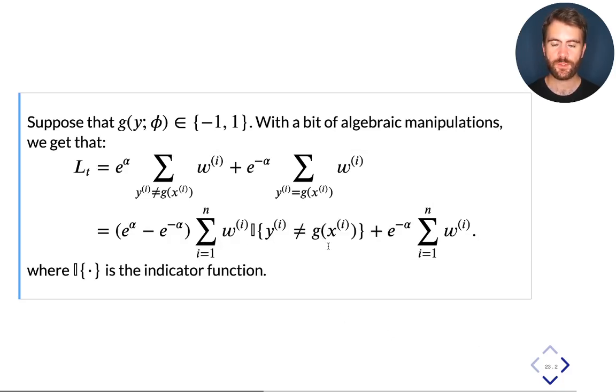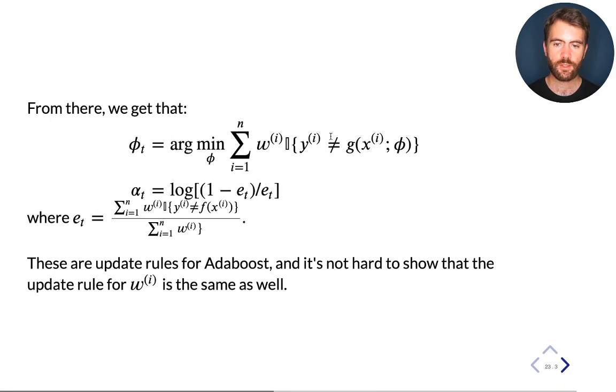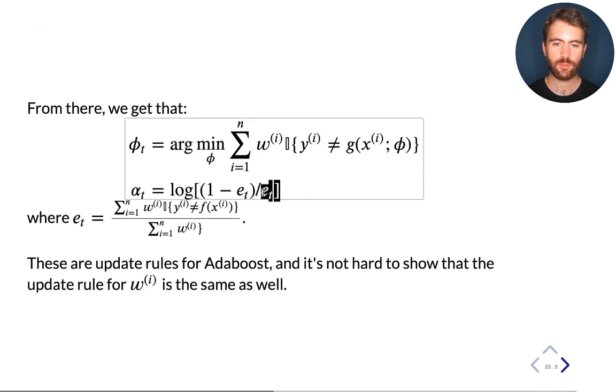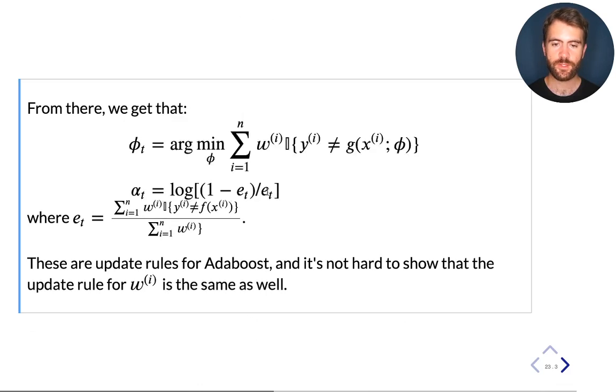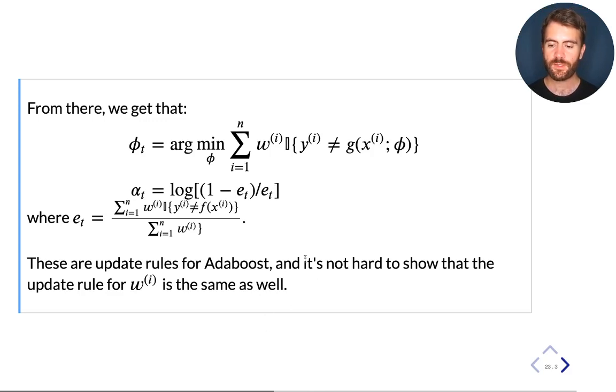So the minimizer of this loss is simply the minimizer of this term here. Then it is possible to take this equation and solve for alpha to obtain the following update rule, which is the same thing that I had in AdaBoost. With a few additional algebraic manipulations, we can also show that the weight update remains the same. So this proves our claim.